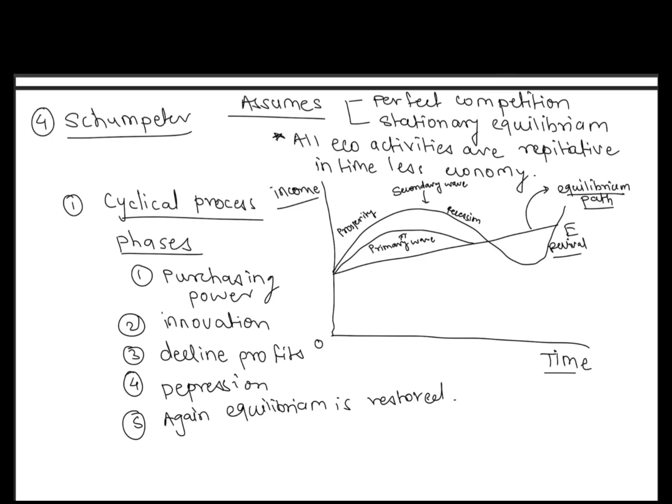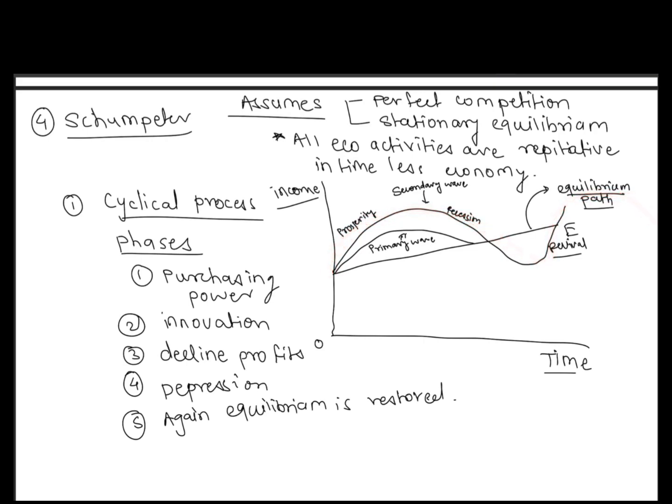Now, one of the things that he is mentioning is a cyclical process involving the nation's growth pattern, where there are four to five phases, and this is the graph that has been in the textbooks, where this is the primary wave and this is the secondary wave, which goes on from good prosperity of the nation, then a recession, then a depression, and then a revival, and then again a prosperity, and then goes on.